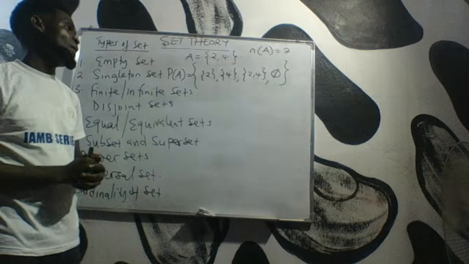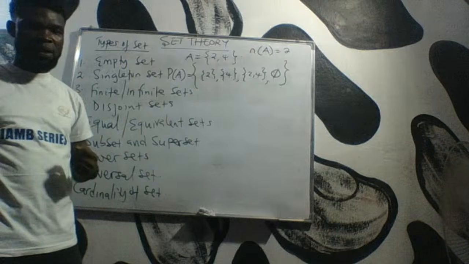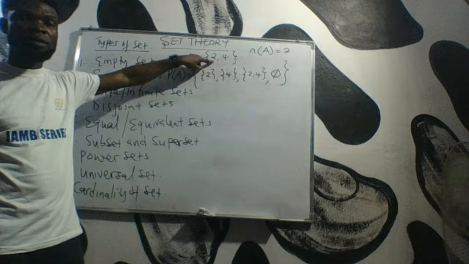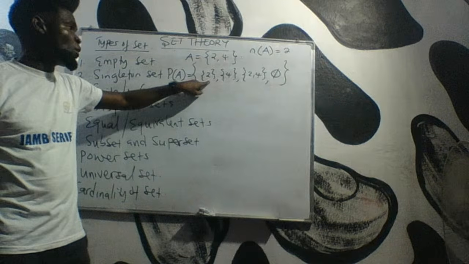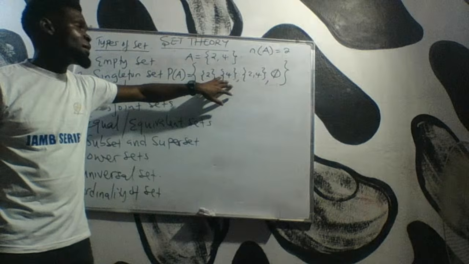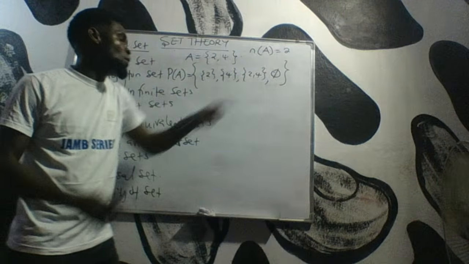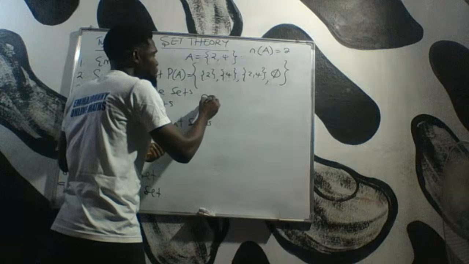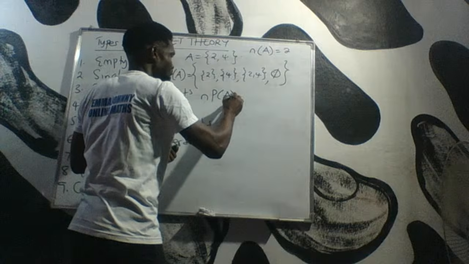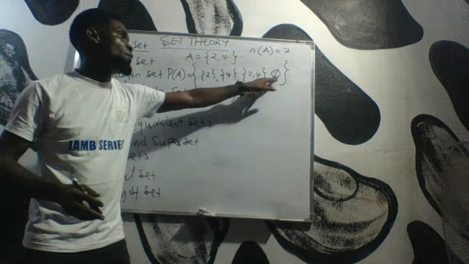Now my question is, what is the cardinality of the power set of set A? These are the subsets of this particular set, so 1, 2, 3, 4 are now the elements of this set. That means that the cardinality of the power set of set A is 4.